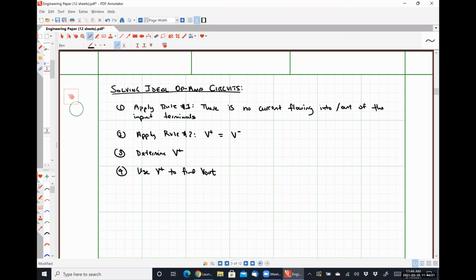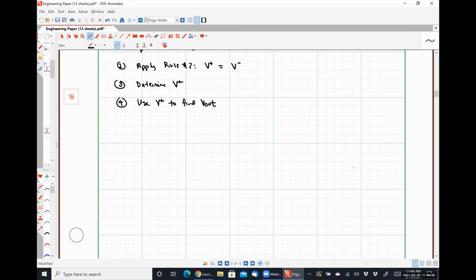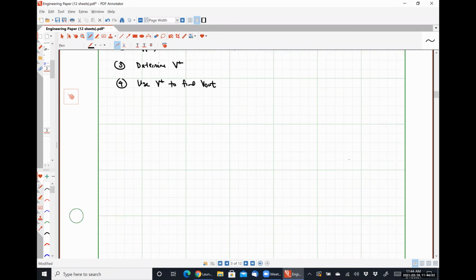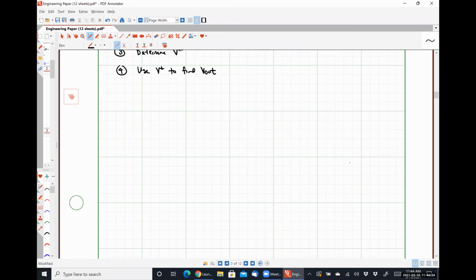That's it. 4 steps. You follow these 4 steps, you will be able to solve any negative feedback op amp circuit. So I'm going to draw a gnarly-ish looking one that might be representative of something hard that you would have seen on a circuits 1 test.